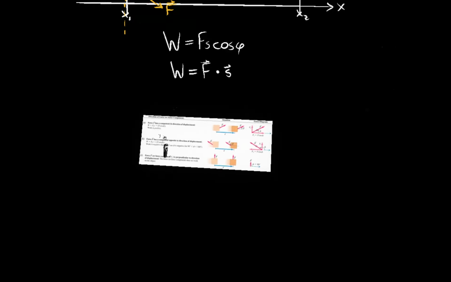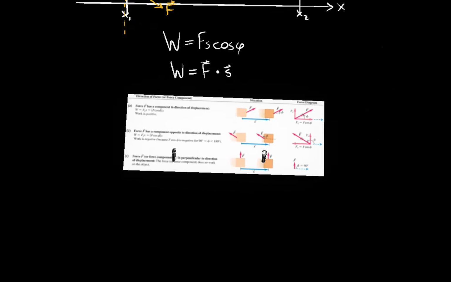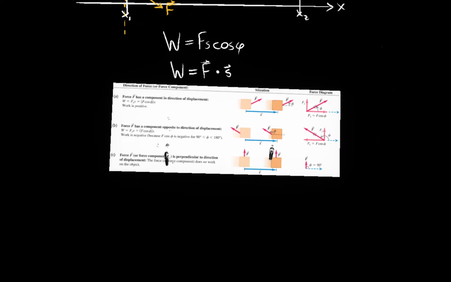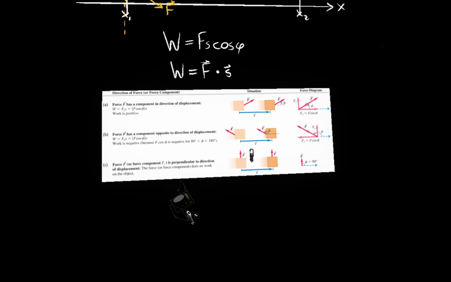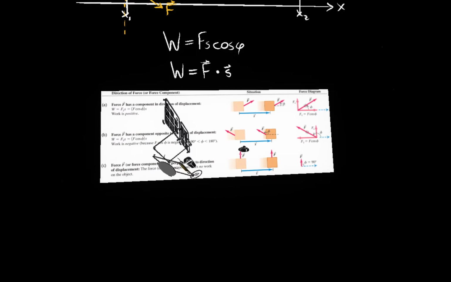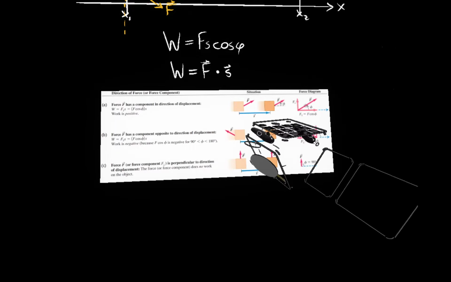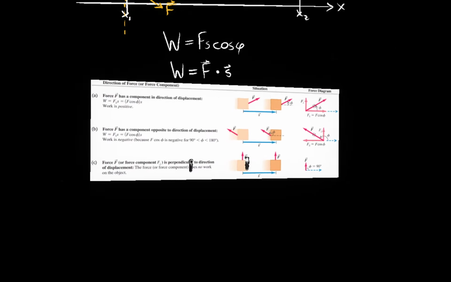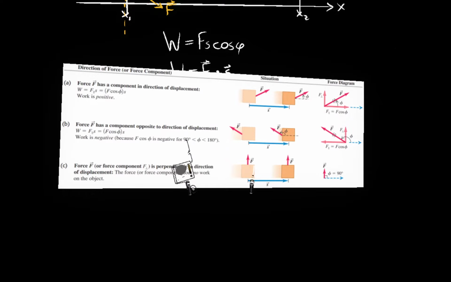There's different scenarios here that describe how that can be. So if we have the force that has a component that is in the direction of displacement, then the work, if the net force rather, here there's only one force for each of these cases, but really we're going to talk about the net force.